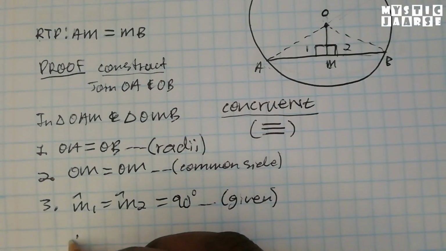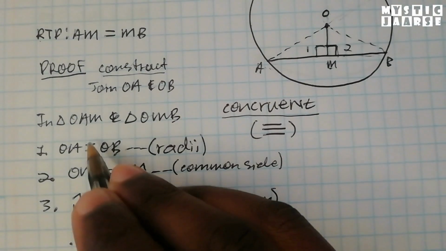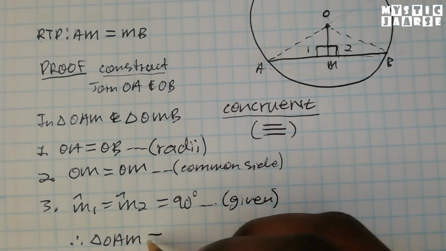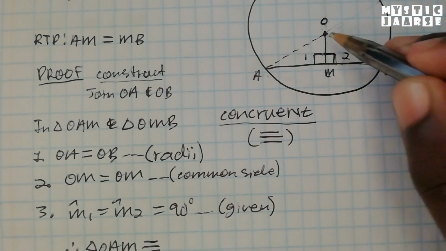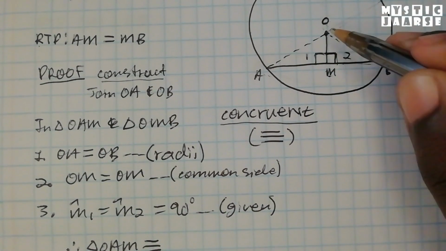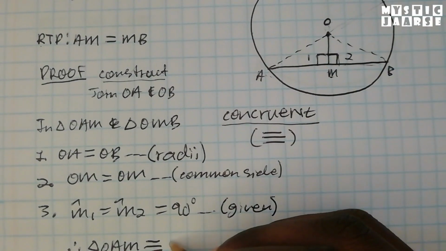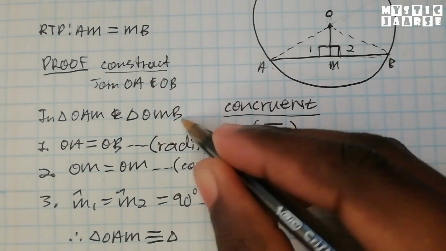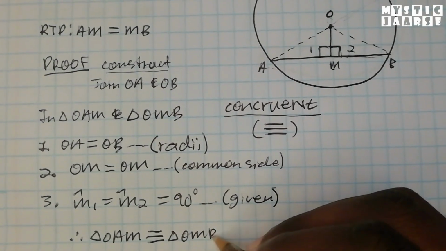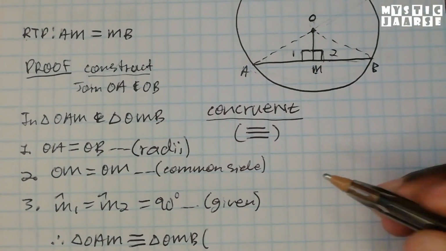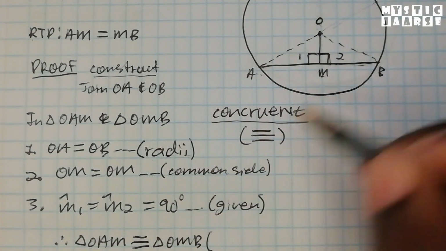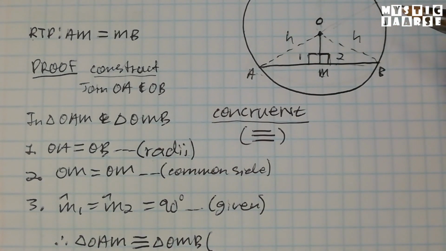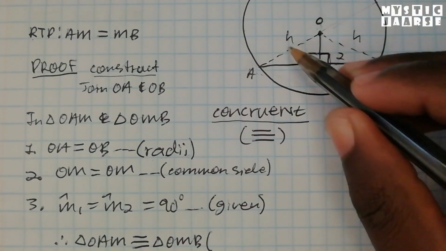So therefore, we can conclude that triangle OAM is congruent, meaning it is exactly the same. These two triangles are exactly equal to one another. Is congruent to triangle OMB. The reason for that is these radii that we say are equal, they are actually hypotenuses of these two triangles, right?